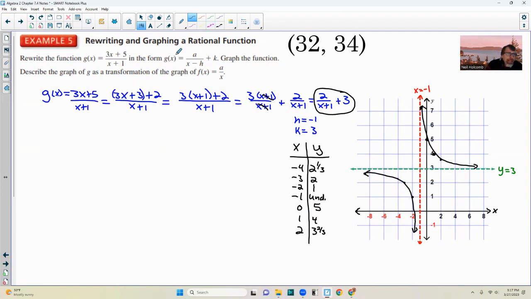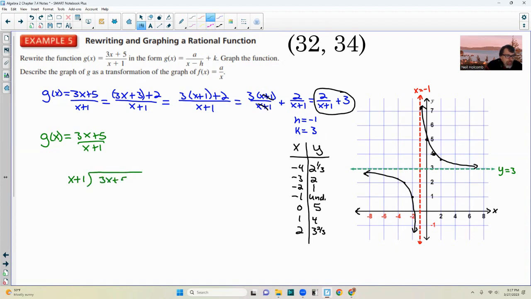All right, now let me go back and show you a different way to do this. Let's start over. And g of x equals 3x plus 5 over x plus 1. The other way you can do this, and this is my preferred way than to try to figure this all out, is I just take the denominator and divide the numerator by it.